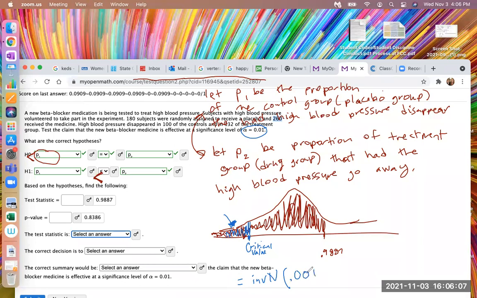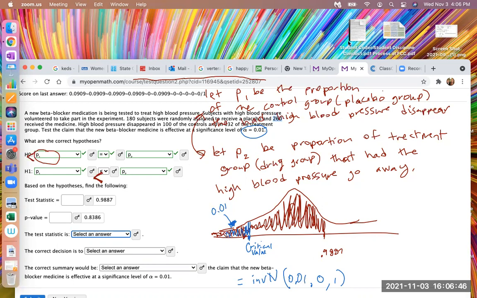In the left tail test, you just put the area, 0.01, the level of significance. I'm entering the level of significance here. And then I put the mean and standard deviation of the normal distribution. So this gives me the value along the x-axis under the Z distribution such that there is 0.01 area under the curve to the left.